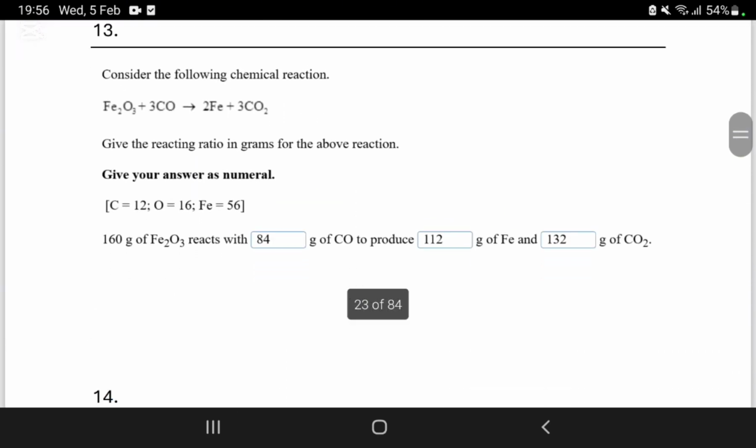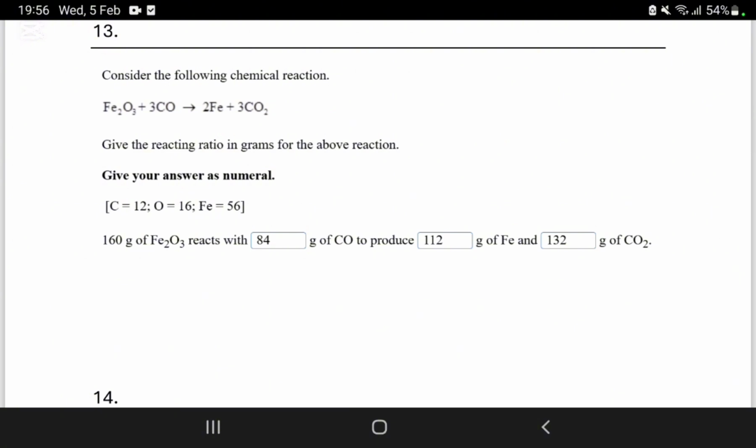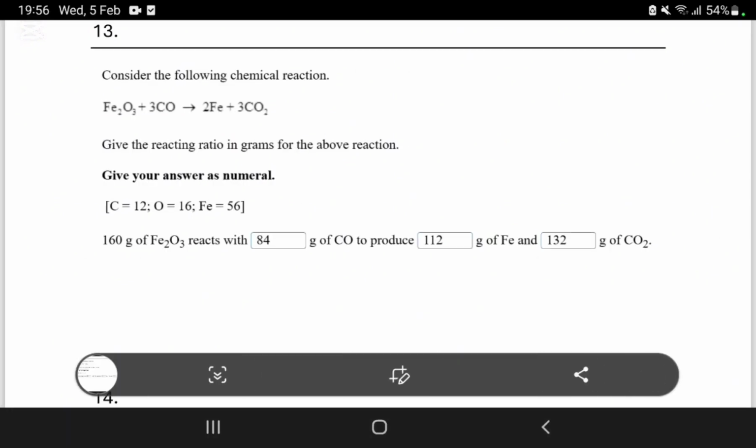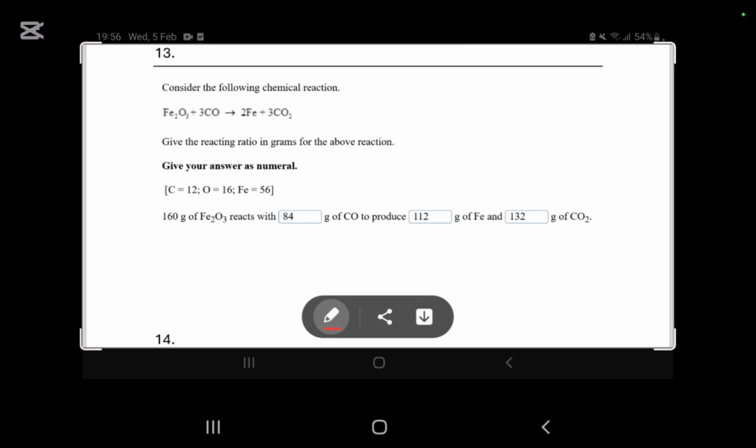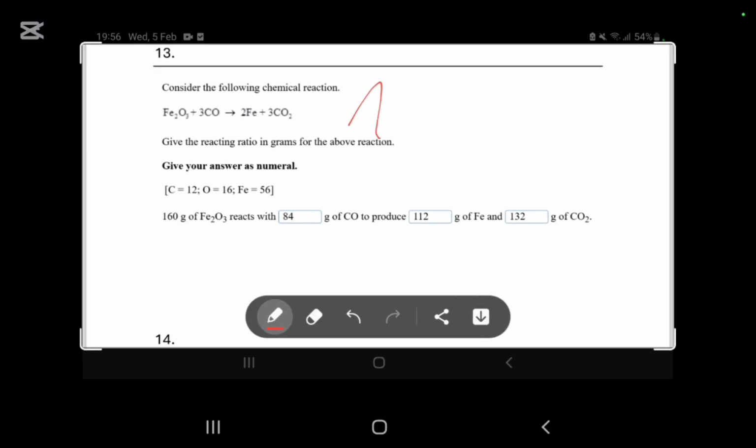For this question, we're gonna have to find out the mass by doing moles times molar mass. Here we have the moles of Fe2O3 as 1, and then we do 1 times 160, which is the molar mass, is equal to 160, obviously.